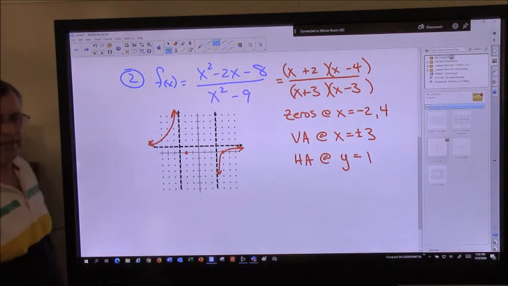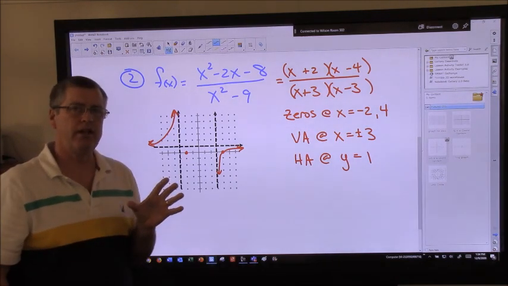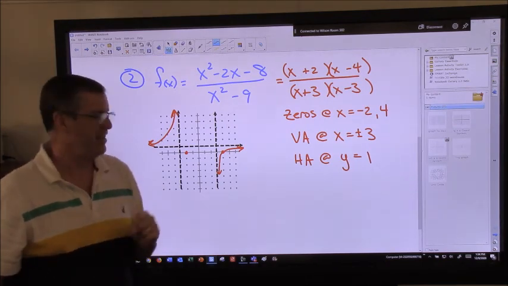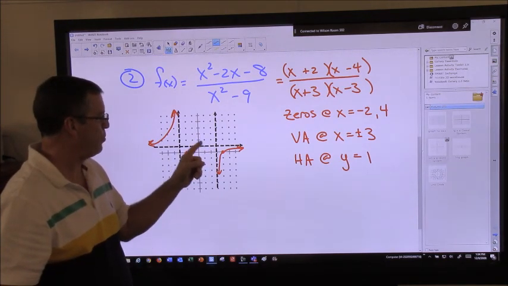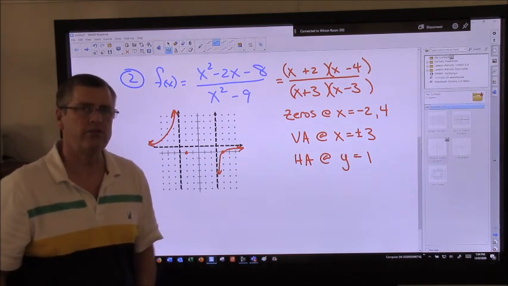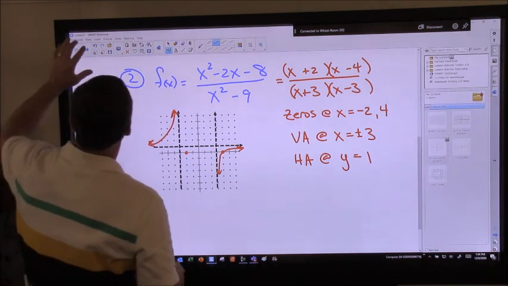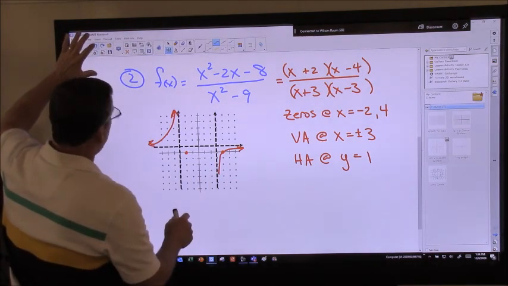Okay? Now, occasionally there's something that happens that we really have no way of knowing right now. You might remember this yesterday. I told you it is possible for a graph to cross a horizontal asymptote. So I've seen equations do this. Let me take this piece back out.